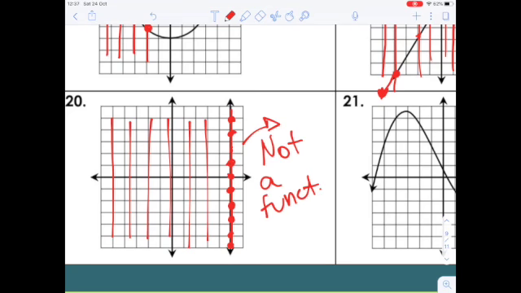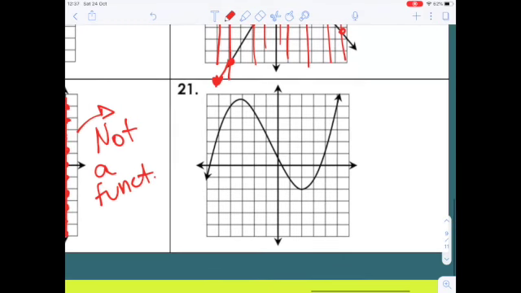All right? And finally, number 21 is a little bit tricky. Over here in the first one, you can see that it touches only once over here, only once over here. Of course, guys, this is a scan, right?